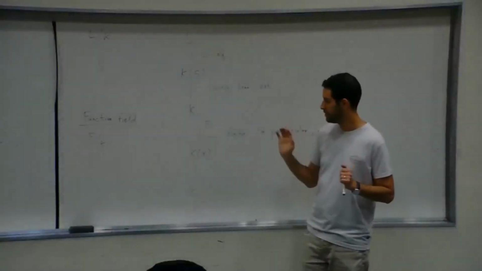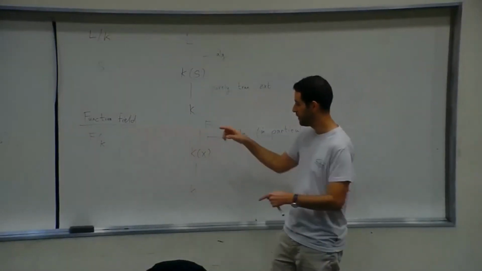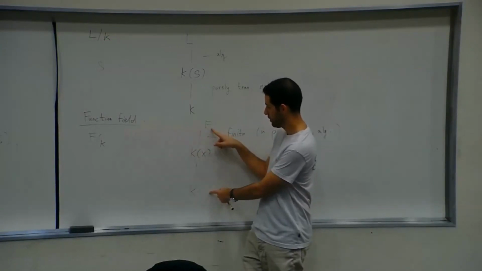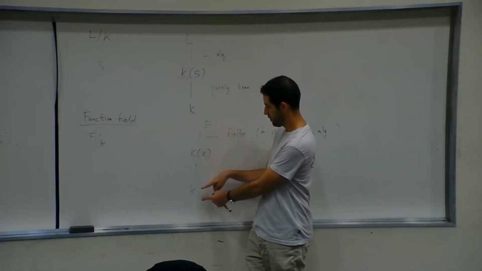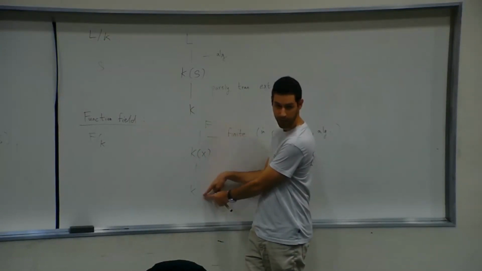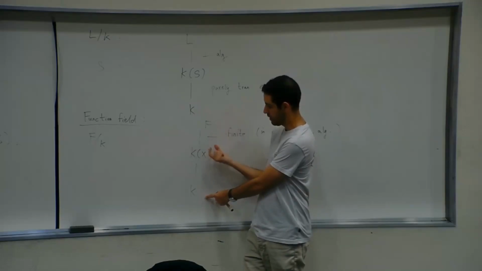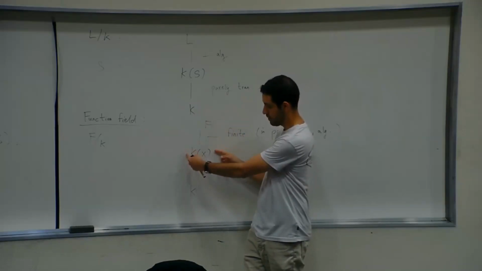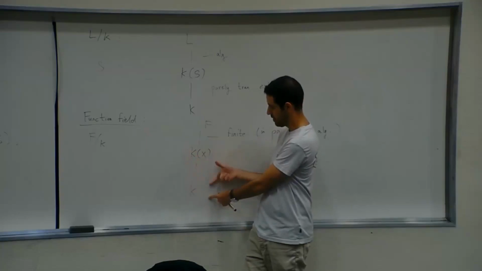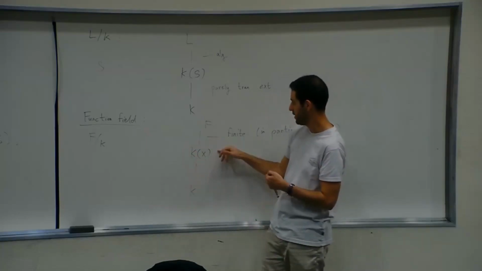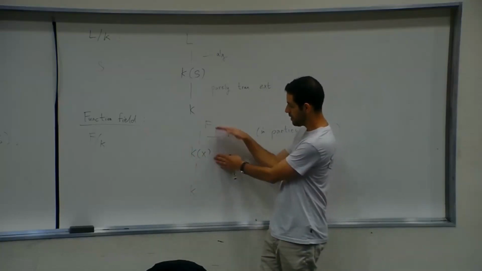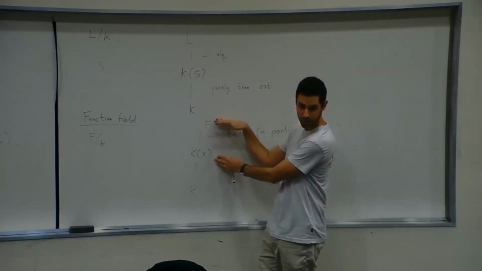Okay, so again, the function field is just a field extension such that the transcendence degree of F over k is 1. So we can take x in F, transcendental over k, and then we have k(x), this purely transcendental extension. And then F is just a finite extension of this.